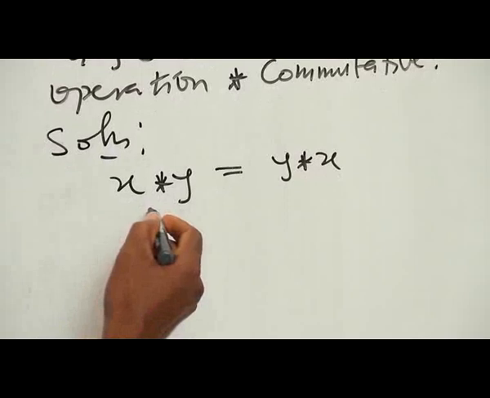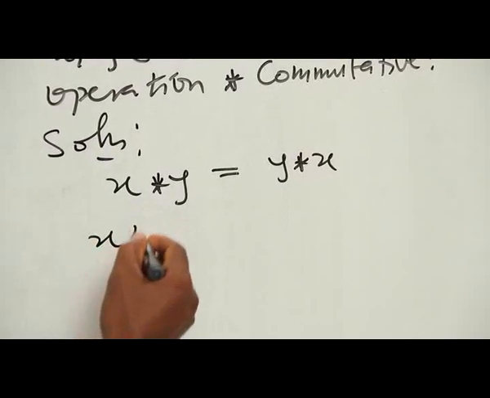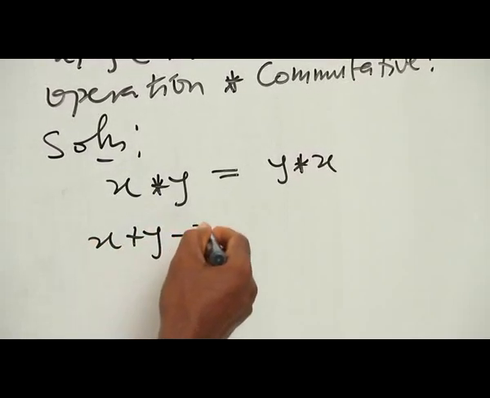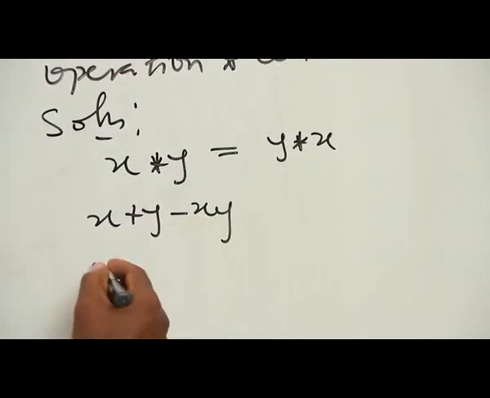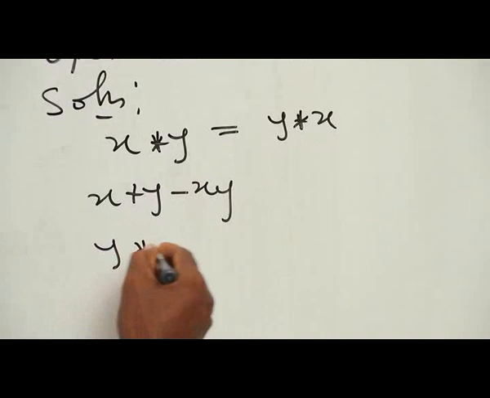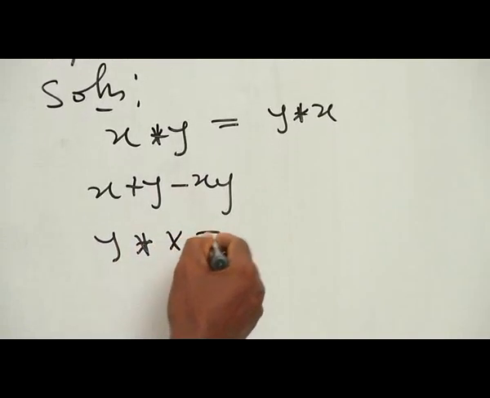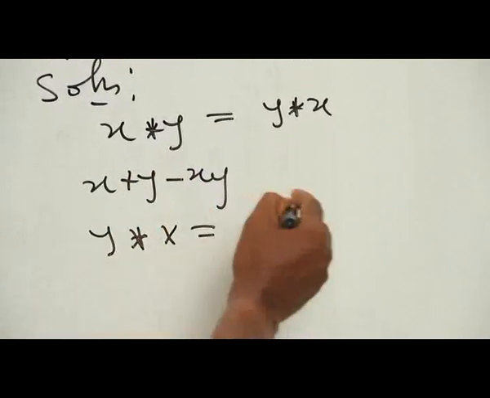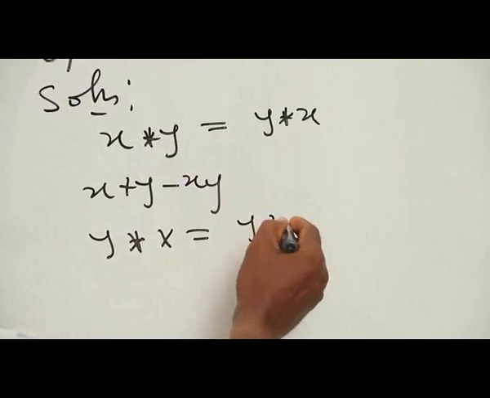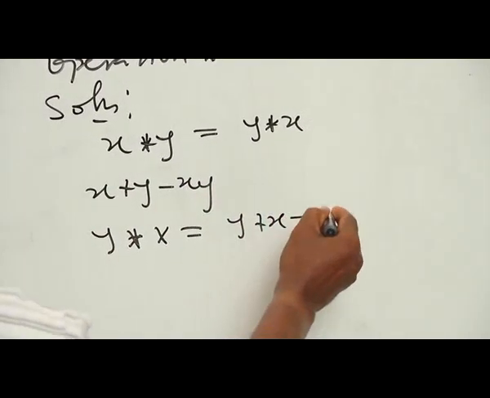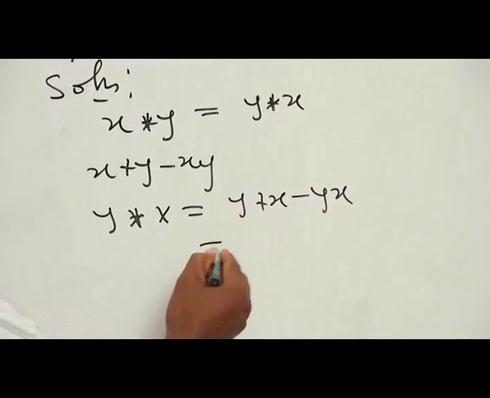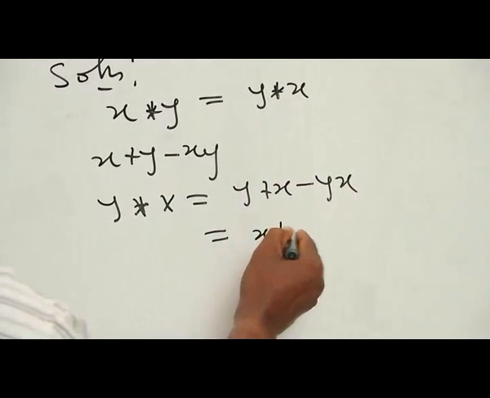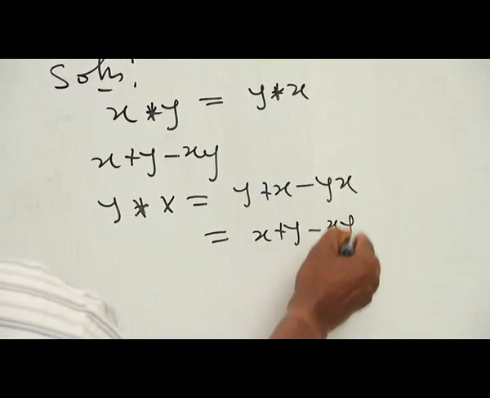Now, taking a look at the left hand side, this becomes S plus Y minus SY. Now, we take a look at the right hand side. Our Y star S will be equal to, in that same order, Y plus S minus YS. If you look at this very carefully, this can also be written as S plus Y minus SY.